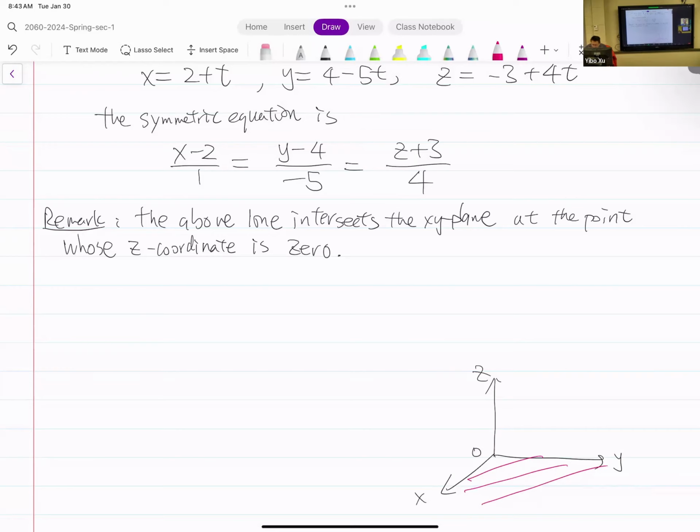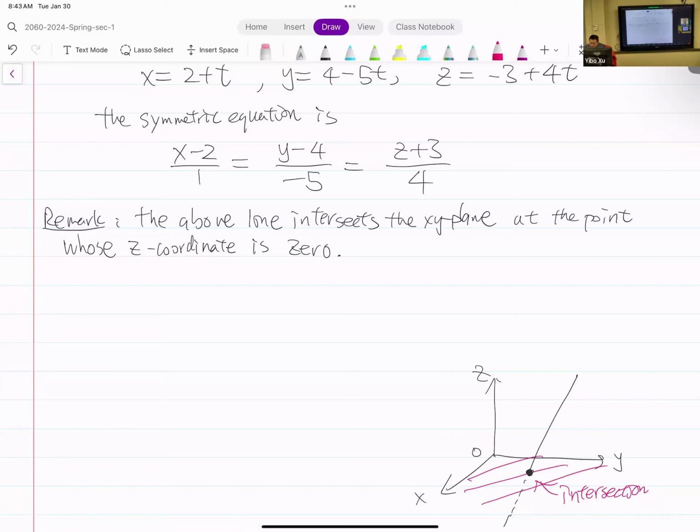So let's say the line is something like this. Okay. And then essentially we're looking for this black dot. Okay, so that's the intersection. And at this intersection, the z value is 0.